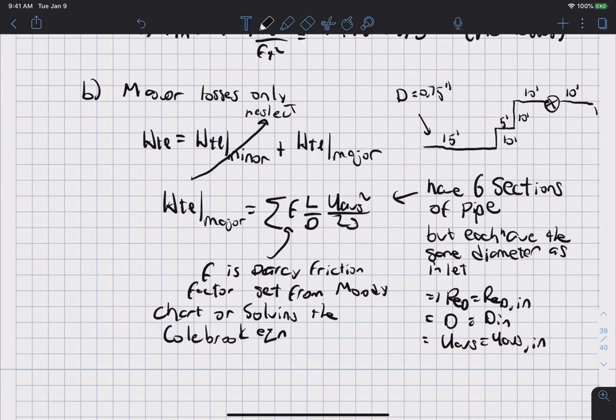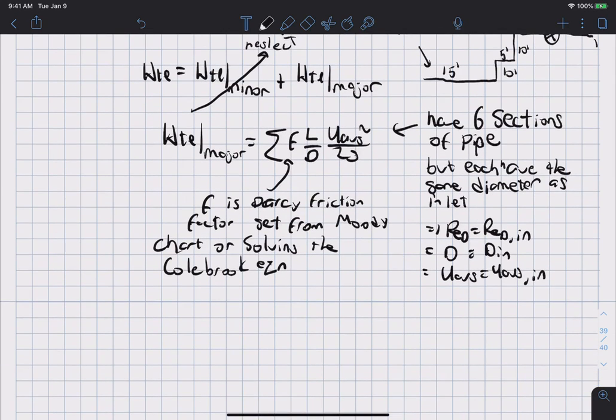Okay, and so f here is a function of Re_D and the relative roughness, epsilon over D. And epsilon, recall, is the surface roughness. On table 8.1, for various materials, you can find the surface roughness.